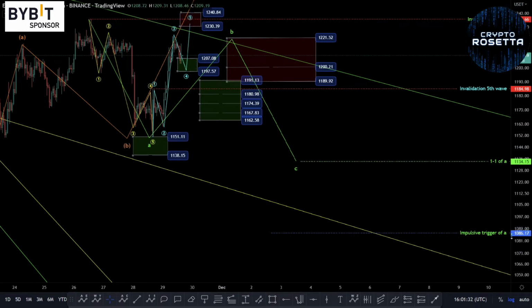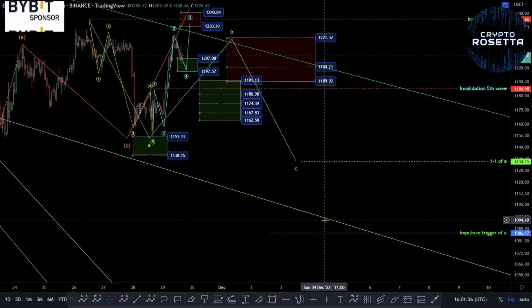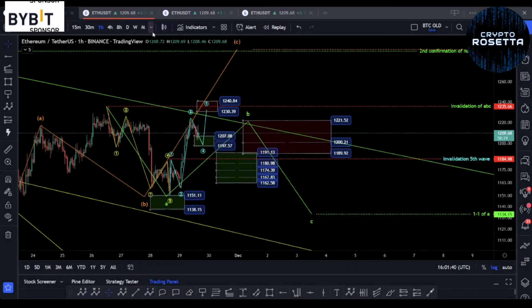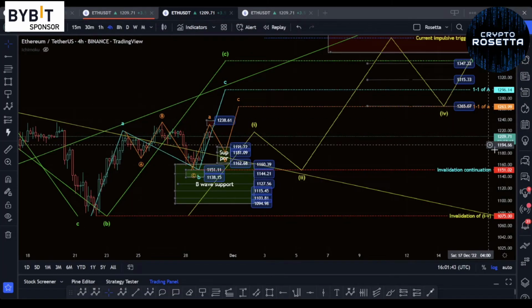And if we had to break down past the 1,086 area, then effectively we'd be looking at a 3-wave move to the downside. So I'm going to jump over to the other option now, and this is what we're looking at.